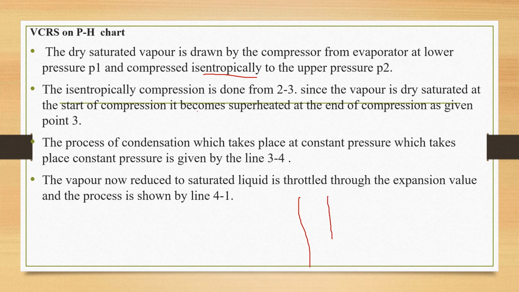This is the pressure line and this is the enthalpy line, with temperature T, and this is H. This is 1 to 2, this is 2 to 3, this is 3 to 4, and this is 4 to 1.